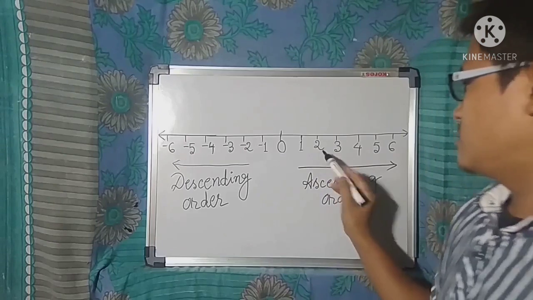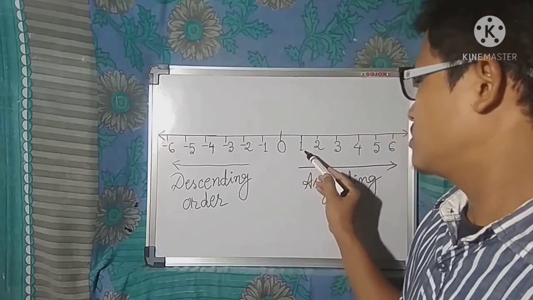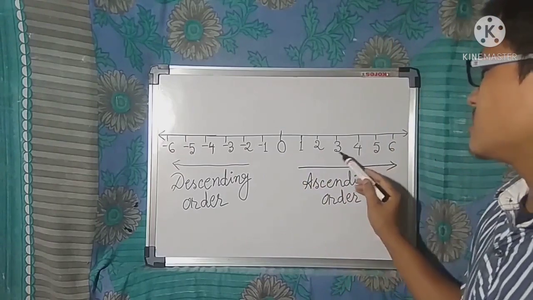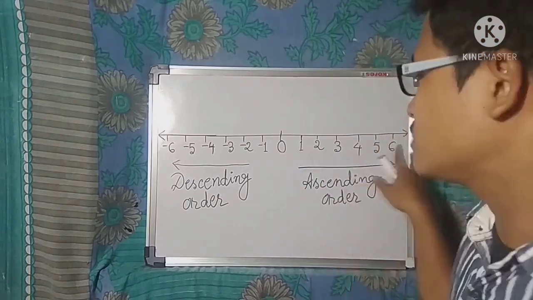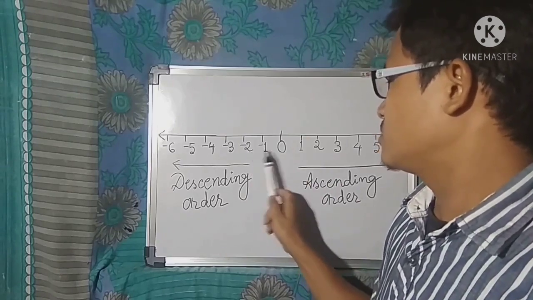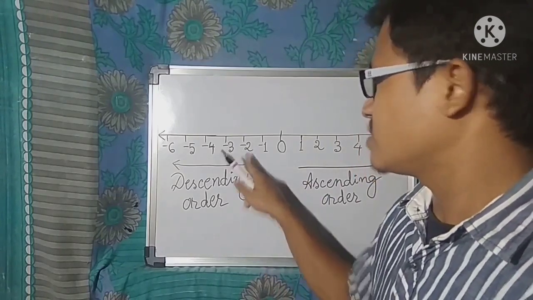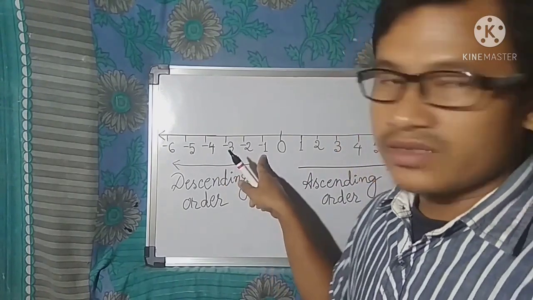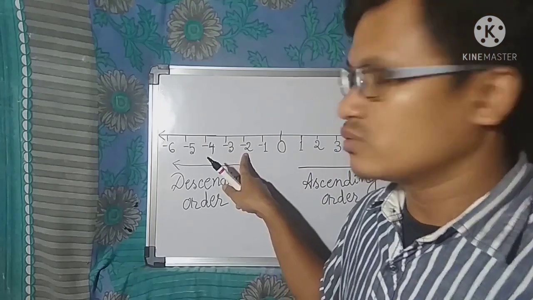You can see 2 is greater than 1. 3 is greater than 2. 4 is greater than 3. That means the positive integers are gradually increasing. Now, -1 and -2. These are adjacent negative integers. In between -1 and -2, -1 is greater. -1 is greater than -2.